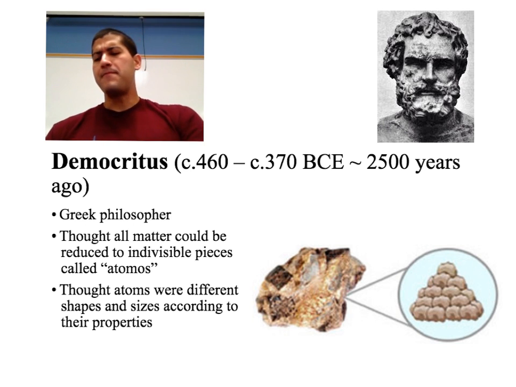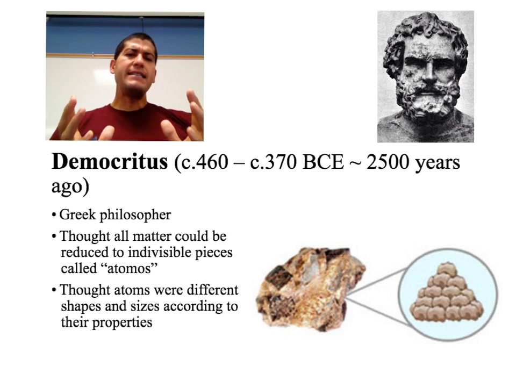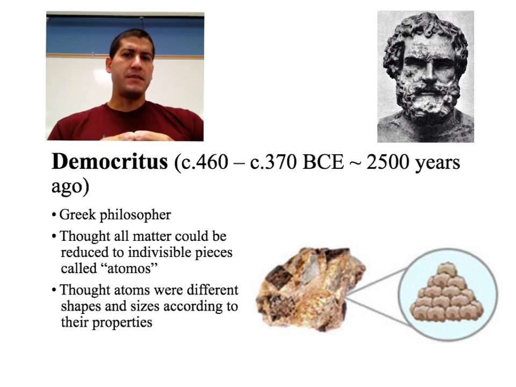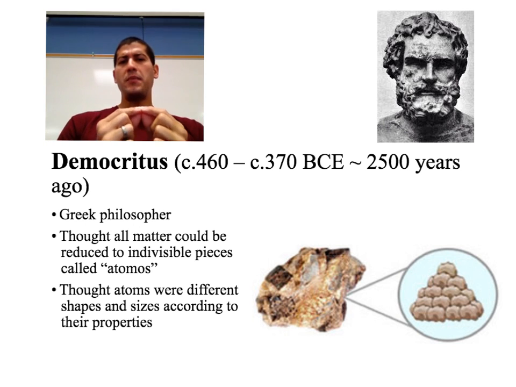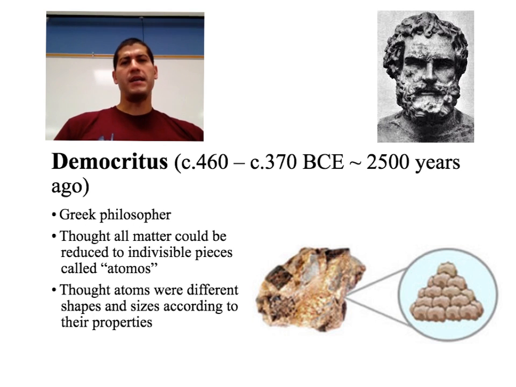You get the idea. Democritus reasoned that if you divided something enough times, eventually you would get to a piece of that object so small that it would no longer be divisible. He called that small particle atomos, which is where we get the word atom.